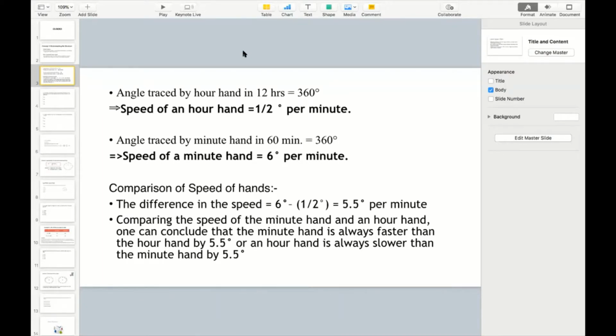And it has made that 360 degrees in how many hours? It has made 360 degrees in 12 hours.